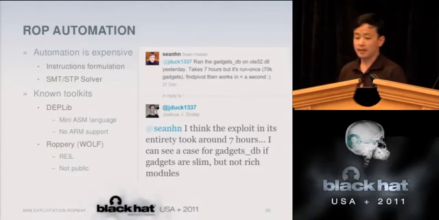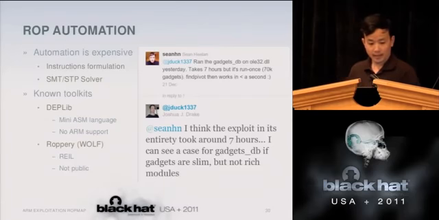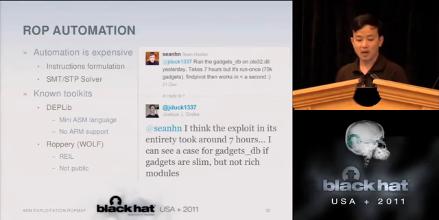Something to note about ROP automation. You may know some of the available ROP automation toolkits, like DevLib for x86 architecture from Immunity, and the tool called ROPEME, and the WOP compiler from Dynamic, but it's not public.